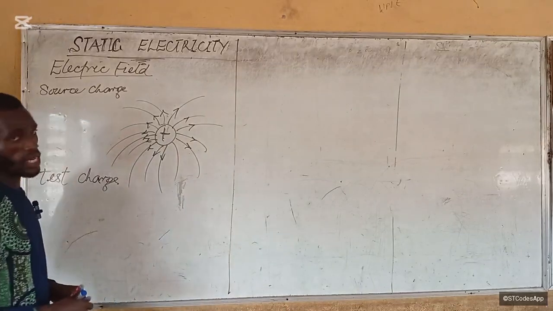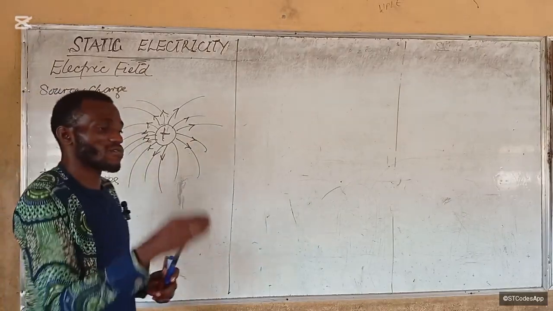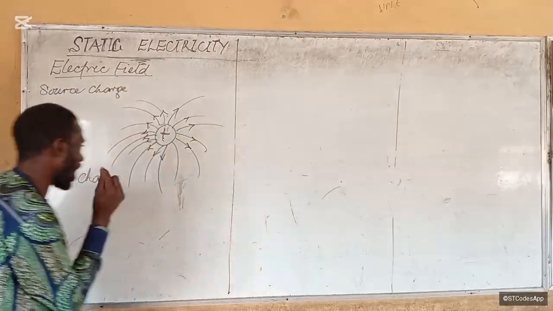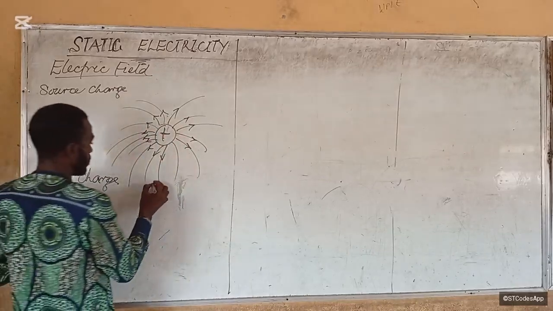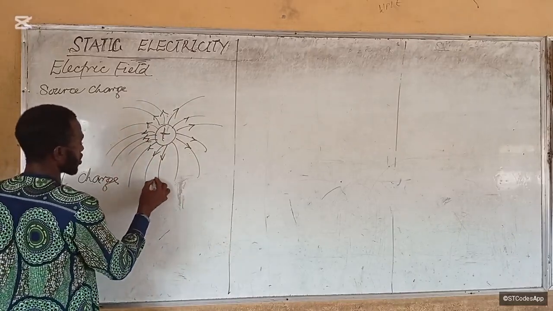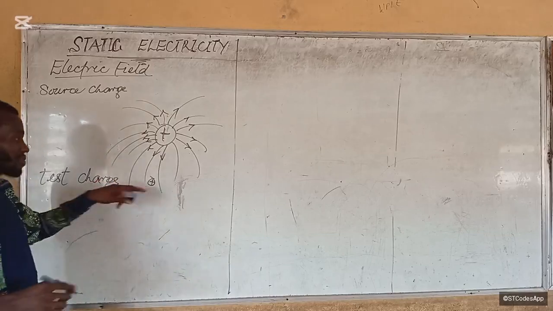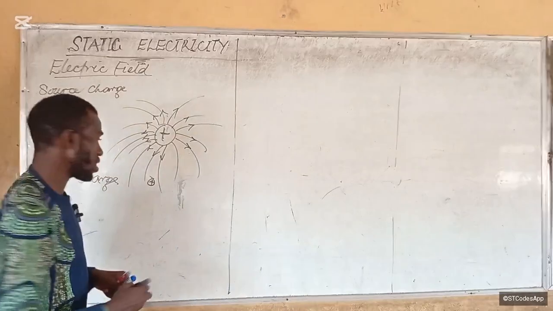So, for example, another way to define electric field is the force felt per unit of charge placed in the field of this charge. So if at a particular point for this charge, I put a unit positive charge somewhere around this field, given the distance between them, is that okay?